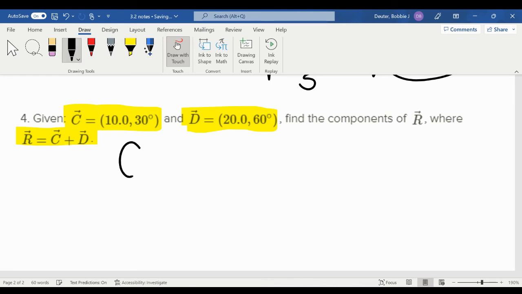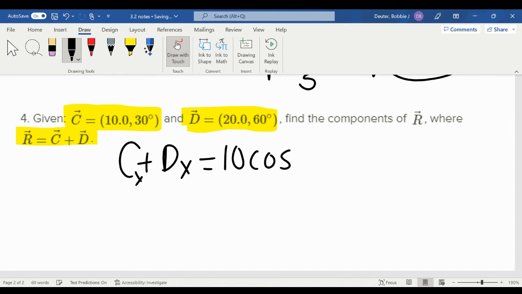We know that C on the x plus D on the x, because we have both an x and a y, is going to be equal to the value of C, which is 10. Then we want to use cosine because we're looking for x.